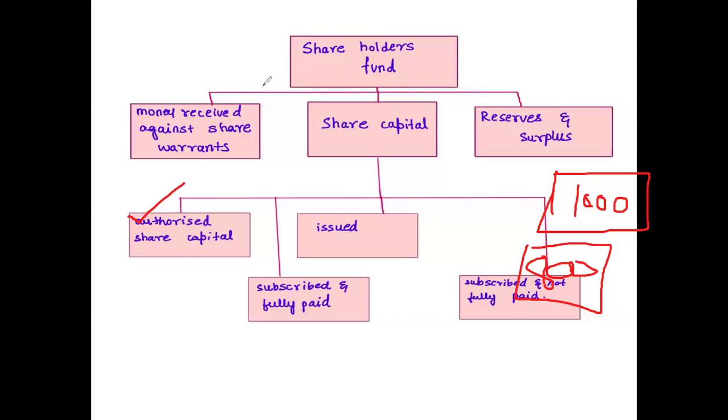The simple reason: when I'm in need of funds, when I require the funds, I can certainly have this as adjustment. So one is authorized and the other is the issued capital.